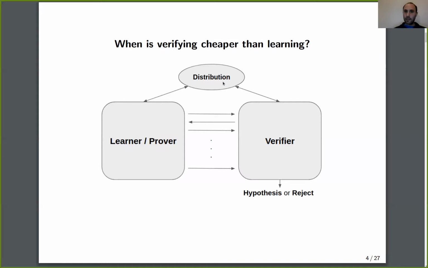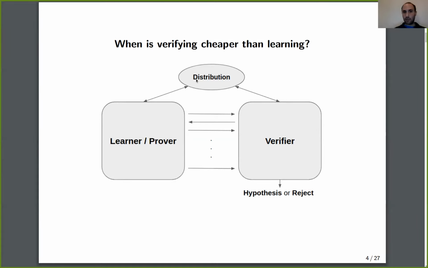The verifier can take random samples from the distribution, but it doesn't want to do all the hard work of finding that hypothesis itself. Instead, it's going to use the help of another party, which we call the learner, the prover. That party maybe has a lot more computational resources. And the verifier wants to use the help of the prover in order to find a good hypothesis.